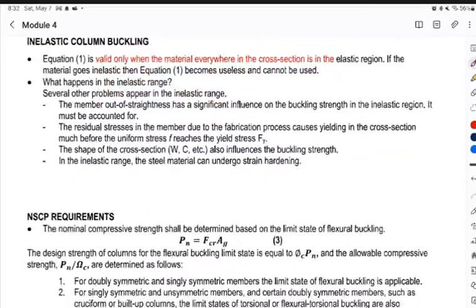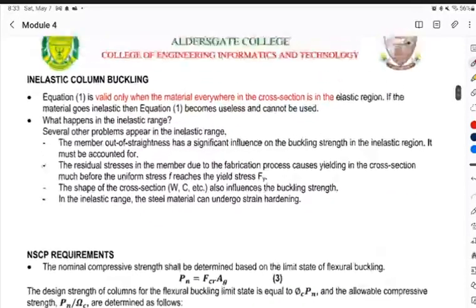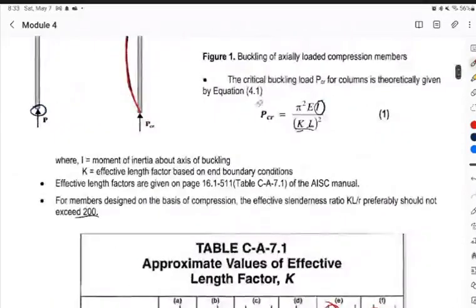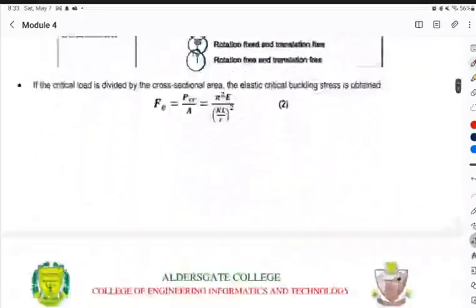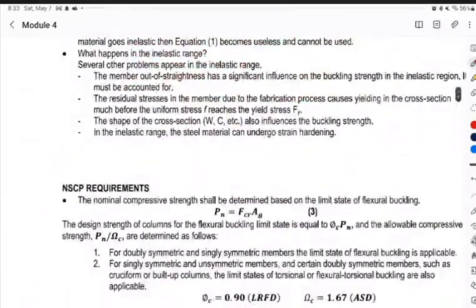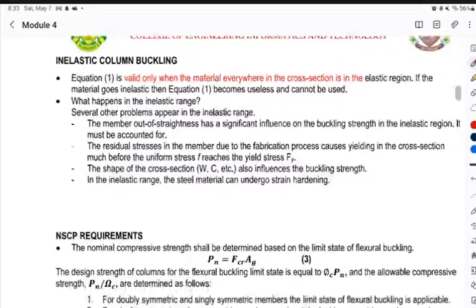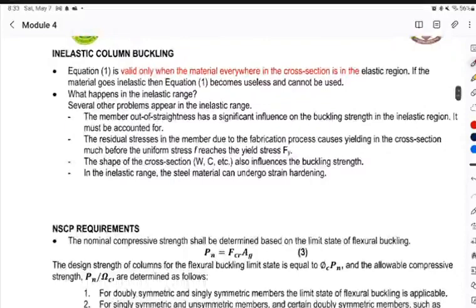Now, inelastic column buckling. So equation 1, ito class. This is your equation 1. Your critical buckling load, PCR, is valid only when the material everywhere in the cross-section is in the elastic region. Alam niyo naman, class, kung ano ang elastic region.